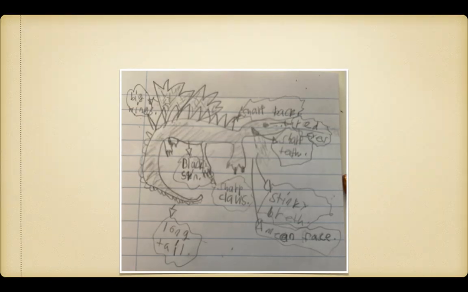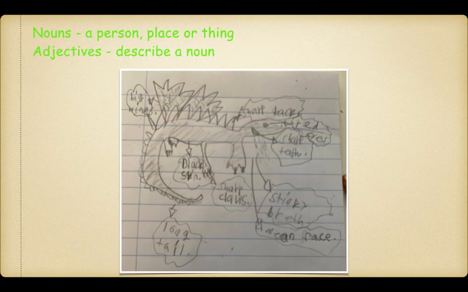Now, Natalia emailed me the drawing of her dragon, and you can see that Natalia has nouns on her drawing as well as adjectives to describe the noun. So the nouns are the body parts. So what did she come up with? Well, she came up with, can you see the arrow? Big wings.